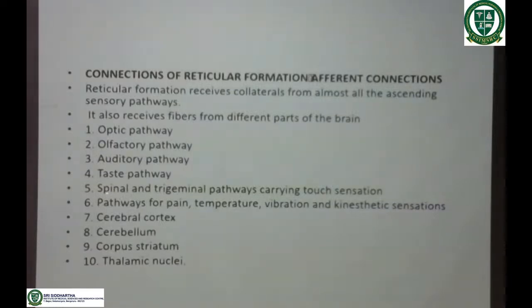Next, the spinal and trigeminal pathways carrying touch sensation, and pathways for pain, temperature, vibration and kinesthetic sensations. Then from the cerebral cortex, cerebellum, corpus striatum and thalamic nuclei. These are the afferent connections for the reticular formation.